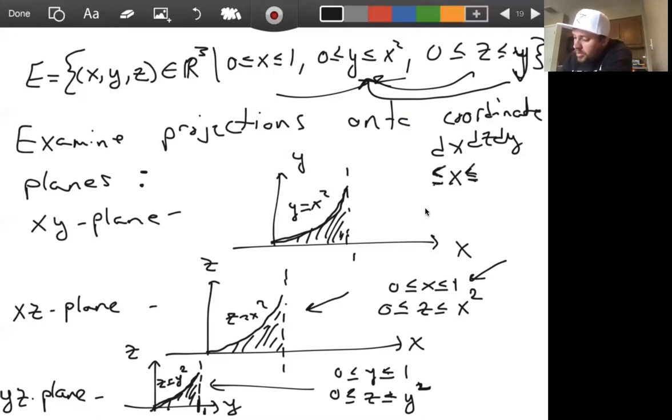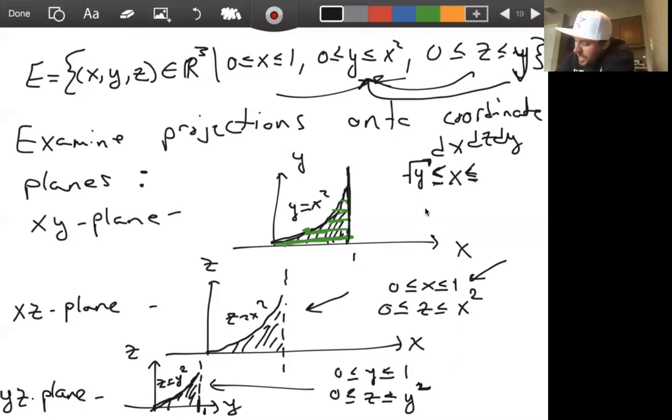Well, if we write our bounds for x first, we want this height here in green, or this length, if you will. It's height in the x direction, but we can say that's length. And where we start depends on the line y equals x squared. Solving that for x, we're starting at x equals root y. And where are we ending?